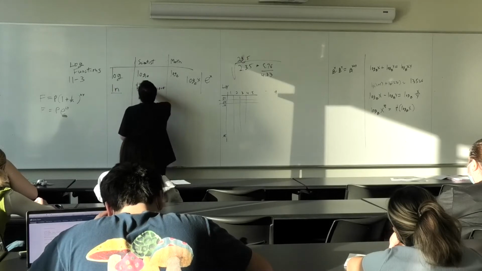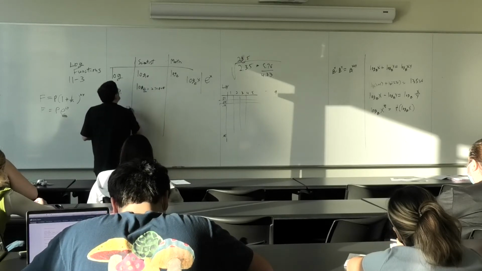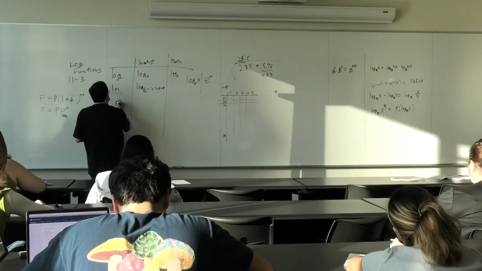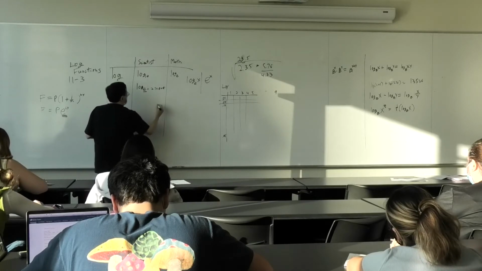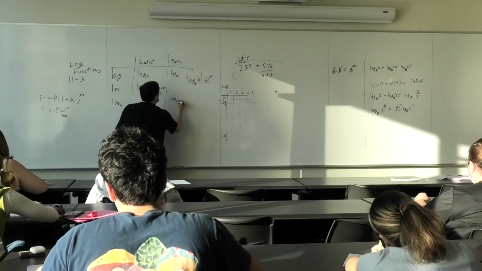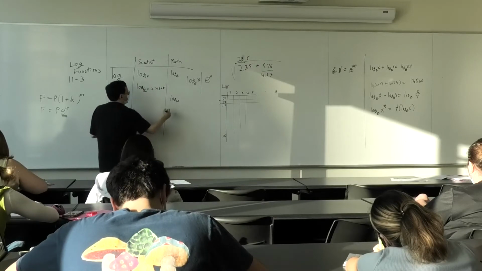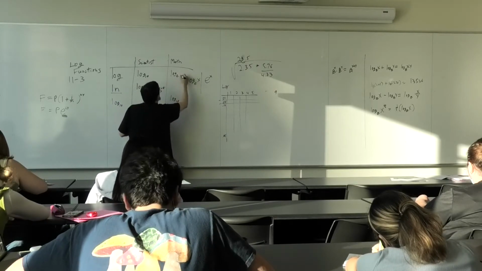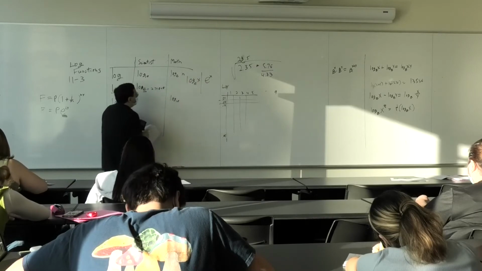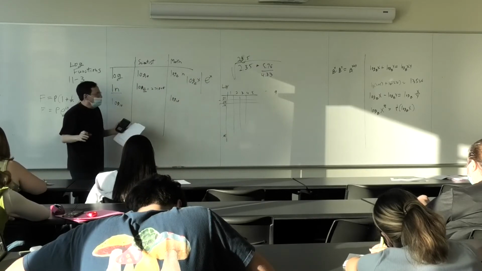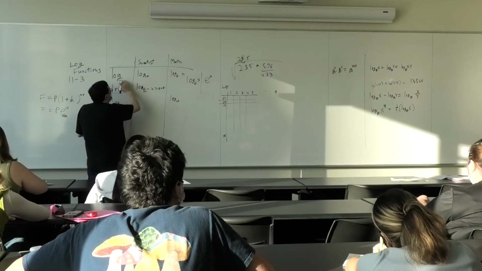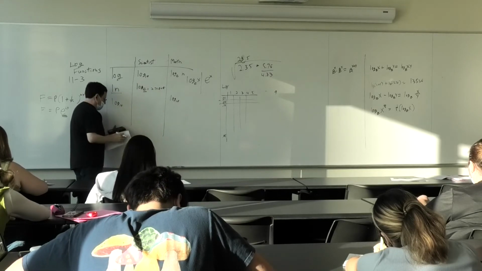Wait a minute. See, log is log to the base e. And if you're a mathematician and you wanted log to the base 10, you have to say log to the base 10. We could also say for log to the base e, ln. All right, it's a confusing thing, but for us, log is the same as log to the base 10.